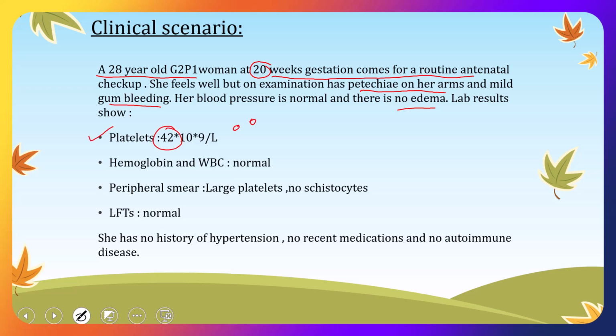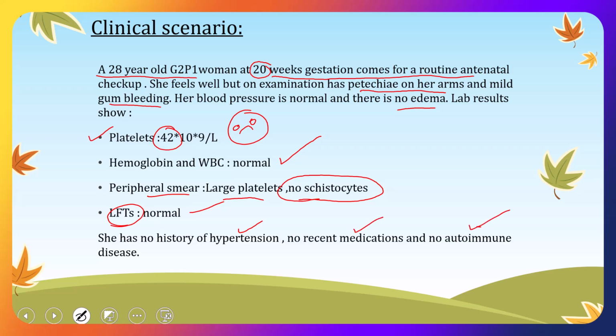So you can see here that 42 is not good. Hemoglobin and WBC are normal, meaning the rest of the lab results are normal, and the peripheral smear is showing large platelets and no schistocytes, and the LFTs are normal, and the patient gives no history of hypertension, no recent medication, no autoimmune disease.